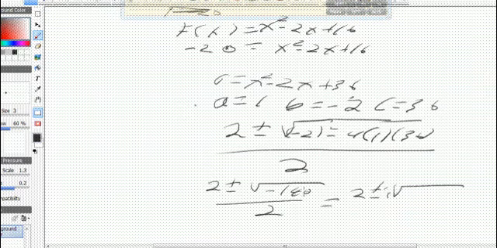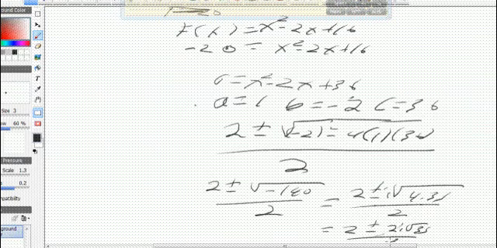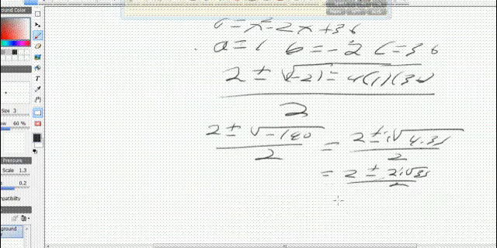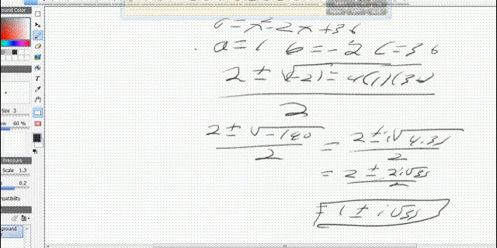There's an i. That guy right there is 4 times 35 over 2, which is 2 plus or minus 2 square root 35i over 2. So that turns out to be 1 plus or minus i square root 35. Done. That's your solution.